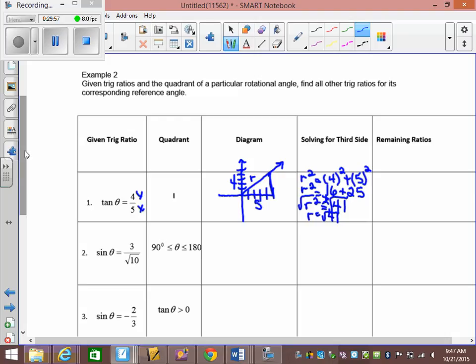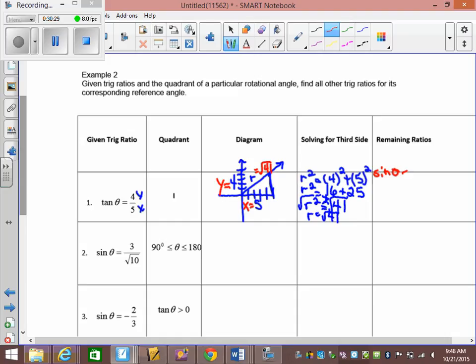So I go back and I label my diagram so I have everything over here. R equals root 41. And for myself, I also say x equals 5, y equals 4. Because then when I go to do my trig ratios, I don't grab the wrong one. Okay? So given the trig ratios in the quadrant of a particular rotational angle, find the other trig ratios. Okay? So we have tan. We're going to need sine theta.